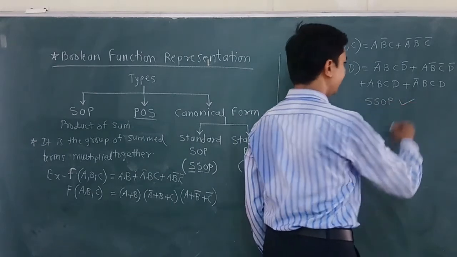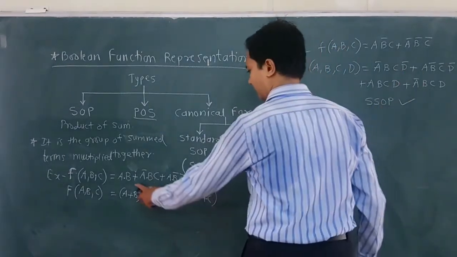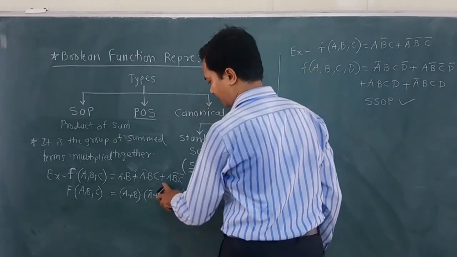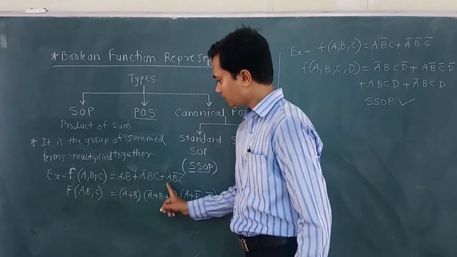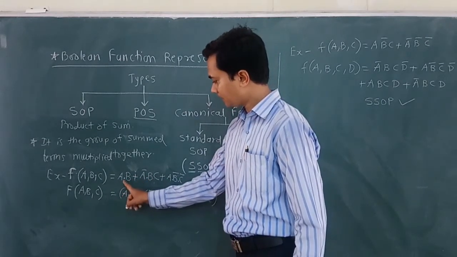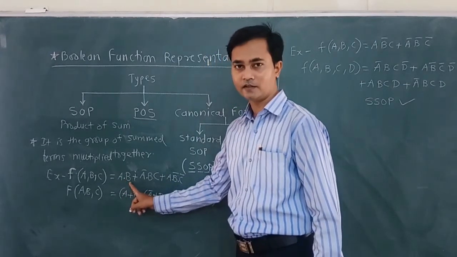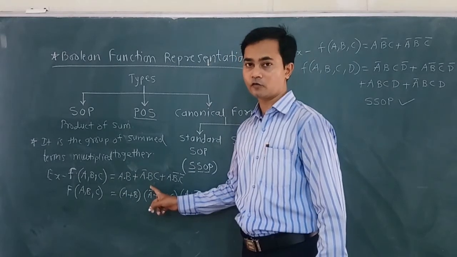But look at this expression: AB plus A bar BC plus A B bar C bar. In the first term, C is absent. So this expression cannot be called standard SOP form.